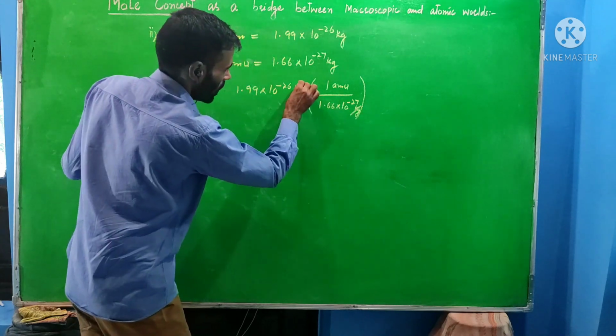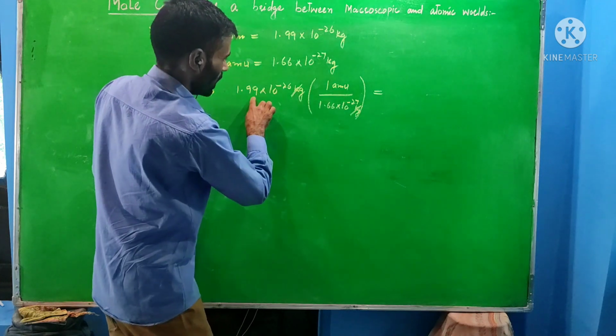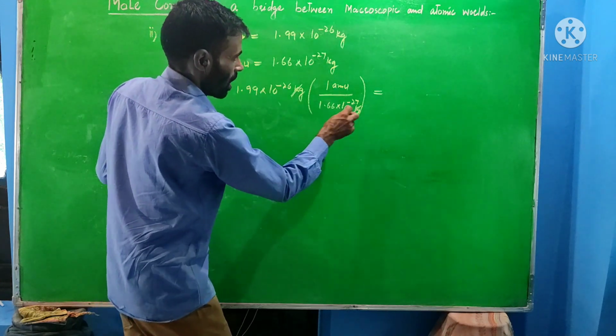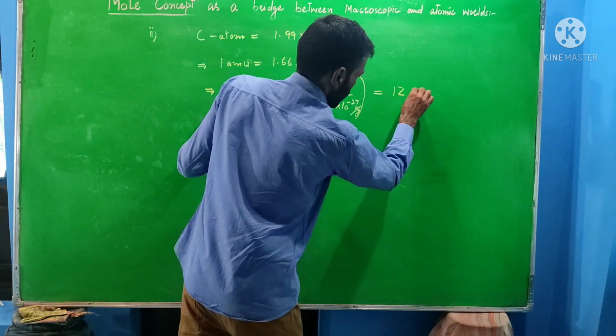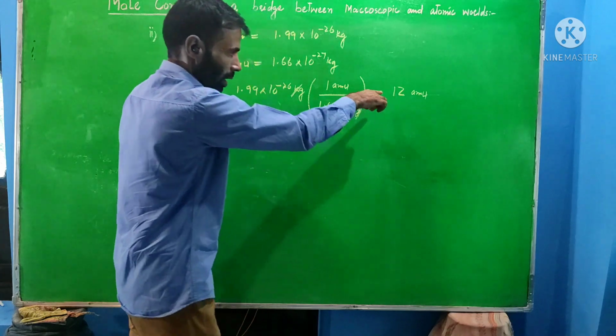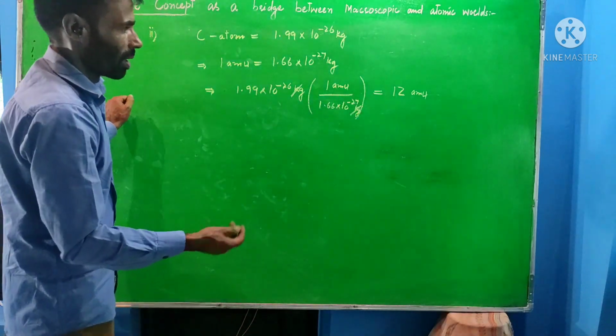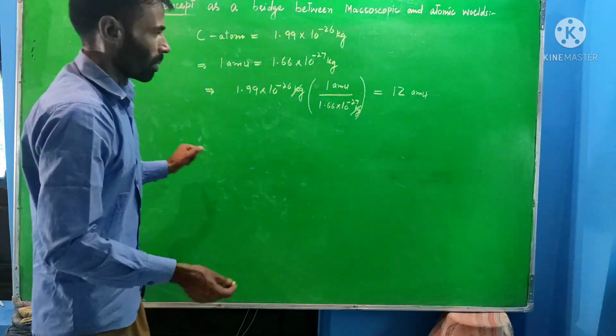Kg and kg will cancel. Multiplying and dividing, we obtain a value of nearly 12 U or 12 AMU.